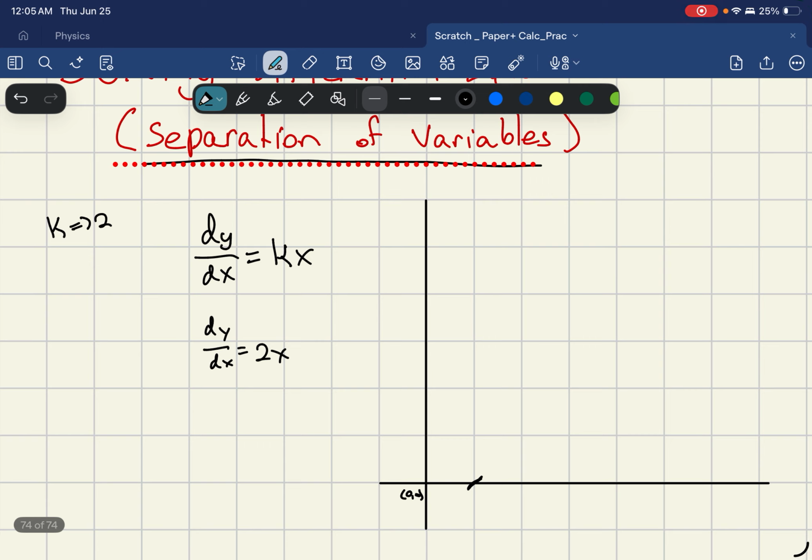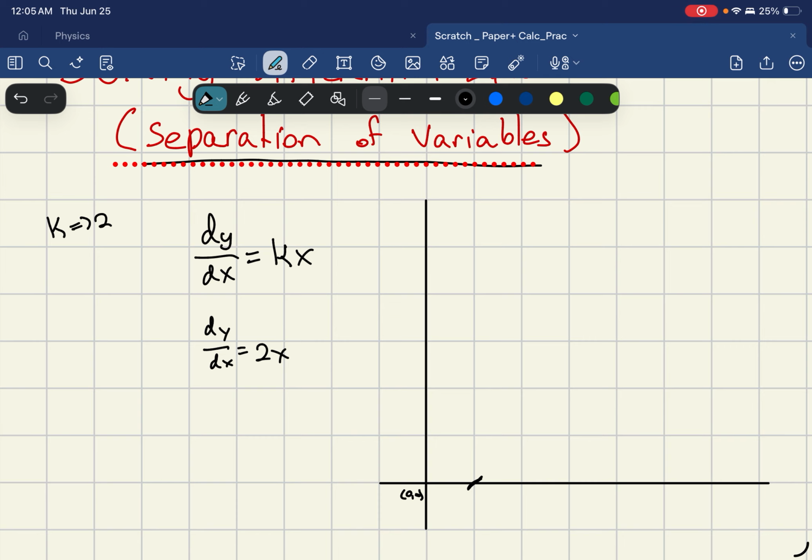That means that for every x value of 1, no matter the y. The reason we're saying no matter the y is because, look at this, this differential equation is not dependent on y. It's only dependent on x. So no matter what the y value is, the rate of change will stay the exact same if the x value is the same.